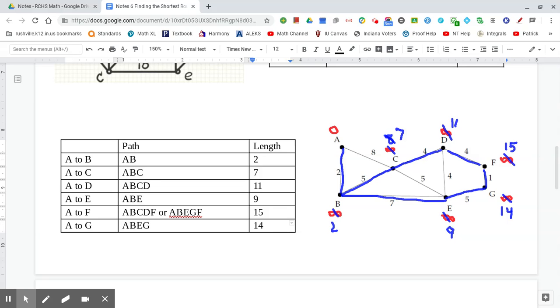And so for your homework assignments or on your quiz, please make sure that you are showing this work. It's not that much work to show, but I will be looking to see, did you follow the algorithm or did you cheat and just look at it as a human and be like, okay, well, I can see the shortest route from A to C isn't just 8. It's going to be 2 plus 5, which gives me the 7, and so on. So please make sure that you are following Dijkstra's algorithm.